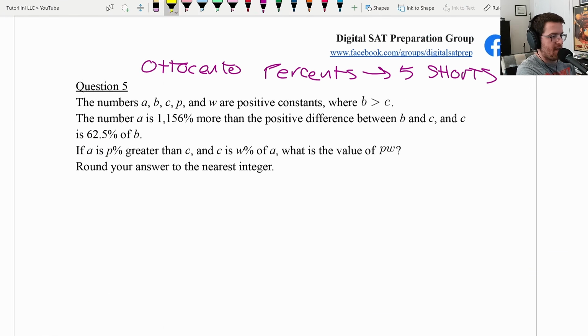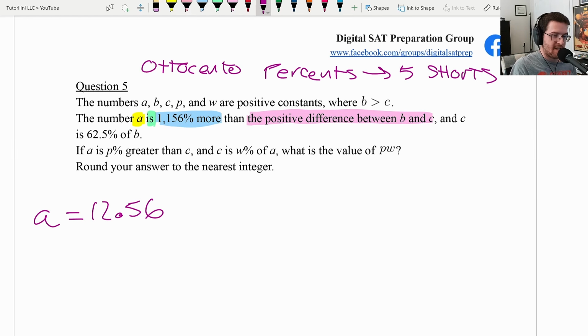Okay, so it says A is, that means equals, 1156% more. Well, as we just talked about, that was a multiplier of 12.56. And then it says the positive difference between B and C. Well, it's that entire quantity, so I need to put parentheses around it.